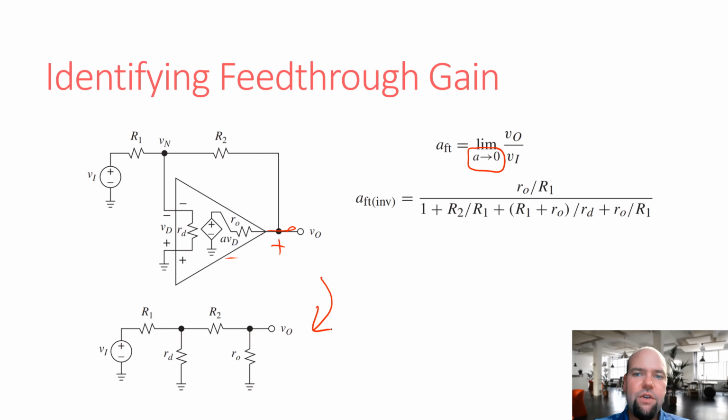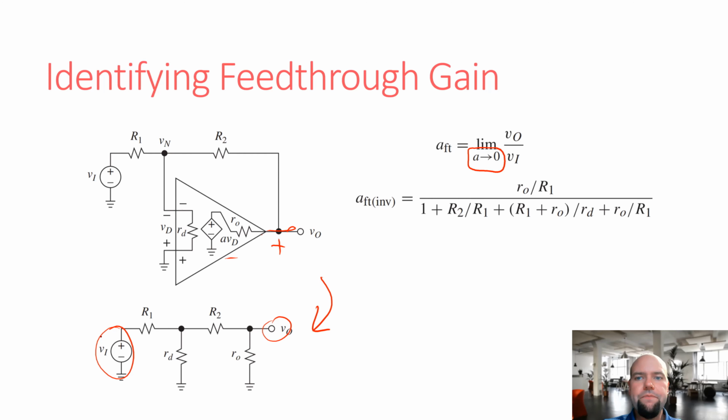All we have to do to find the feed-through gain is find the ratio of the output divided by the input. Usually the way we find this is by doing this collection of cascaded voltage dividers. If we wanted to find V out as a function of V in, personally, I would just use voltage divider analysis.